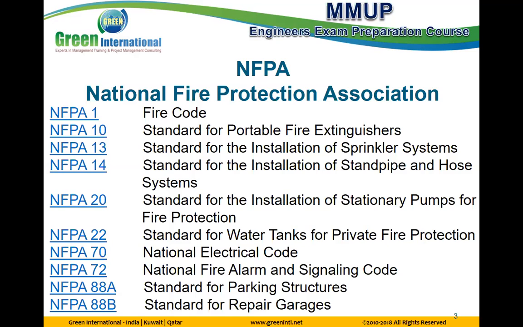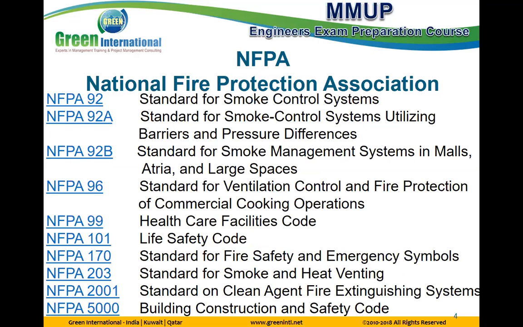If you are mechanical, you cover everything; you can cover electrical, alarm, civil. If you are mechanical, it means you are a hero. 88A and 88B cover parking and repair garages. 92, with subtitles 92A and 92B, is all about the smoke control system.